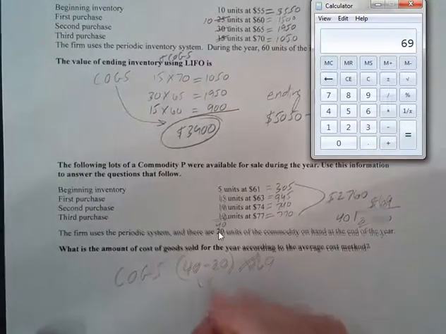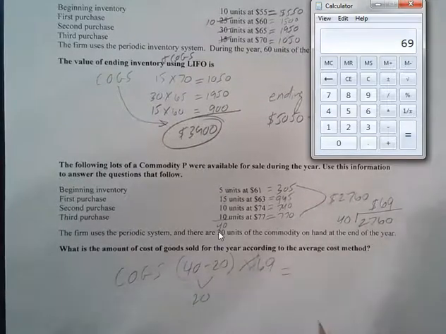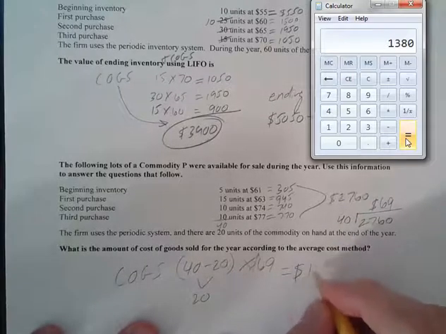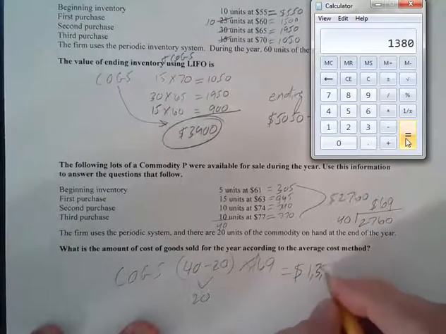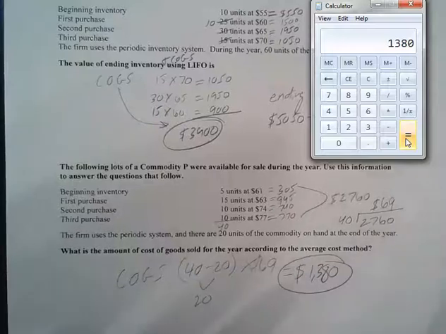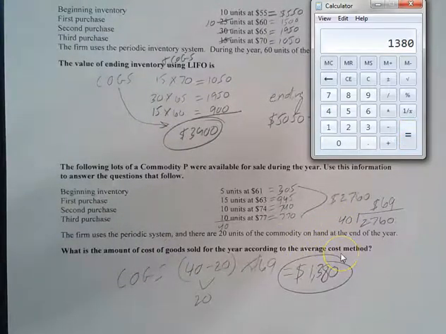Of course, this is 20. So $69 times 20 equals $1,380. $1,380 is our cost of goods sold under the weighted average cost method using a periodic system for this set of circumstances.